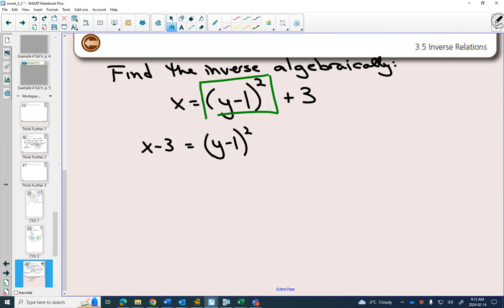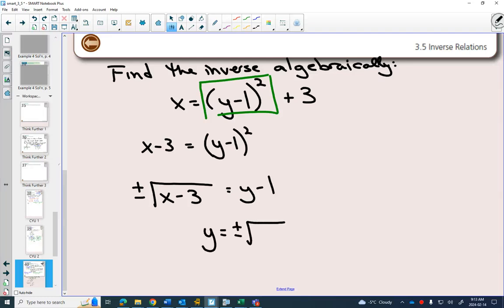Then I can get rid of a square by square rooting. And don't forget the plus or minus. And finally, we can get y by itself by adding 1 to both sides.